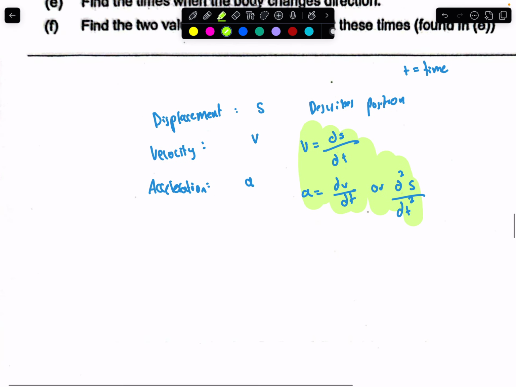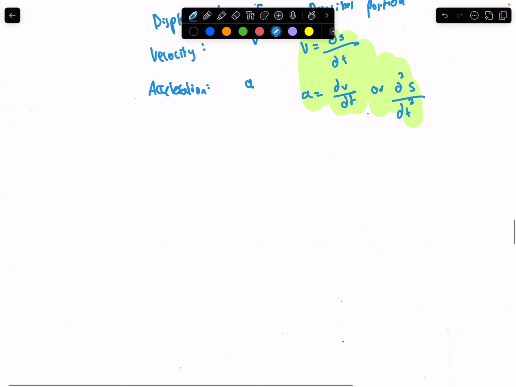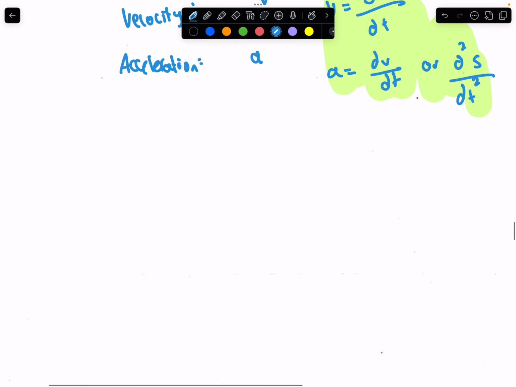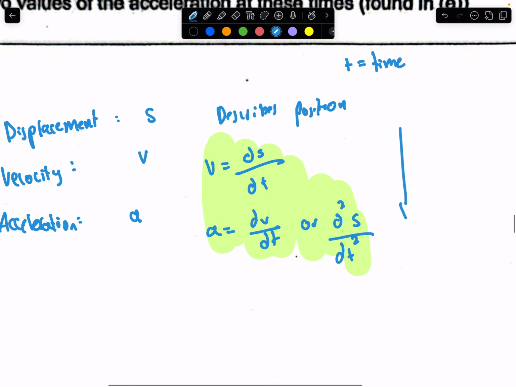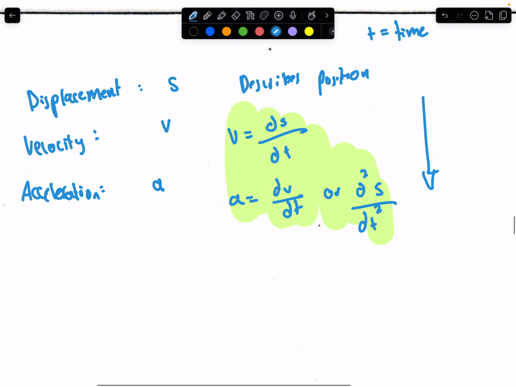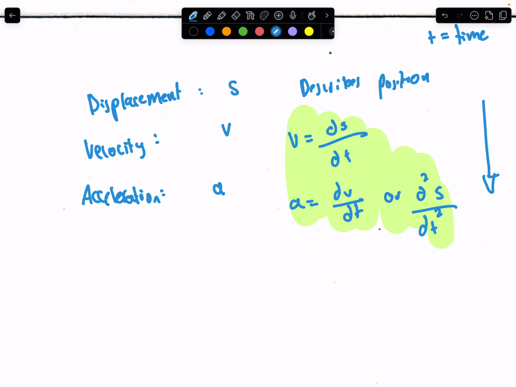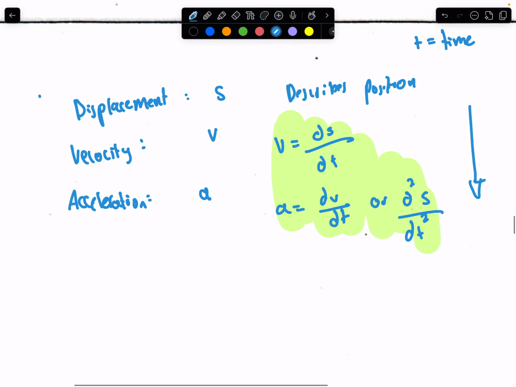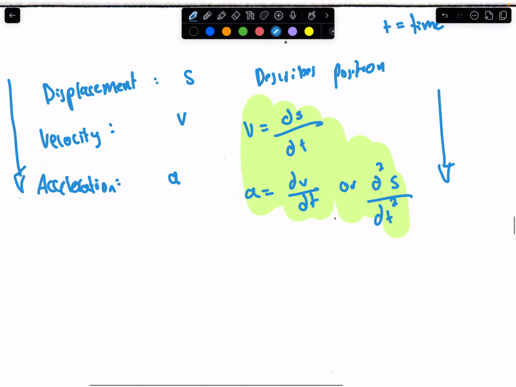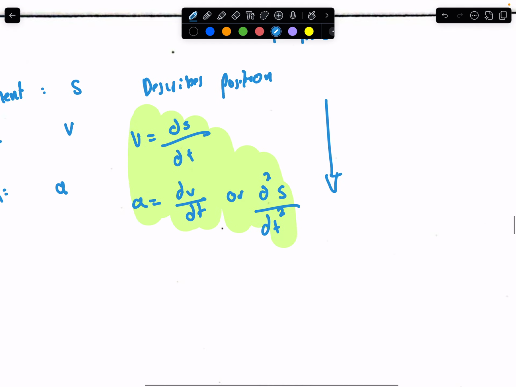And there is an important tip, okay? Taking a derivative moves us downwards, from displacement to velocity and from velocity to acceleration. So if I'm moving down from displacement to velocity or velocity to acceleration, we take the derivative.